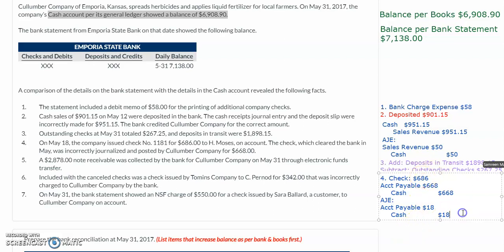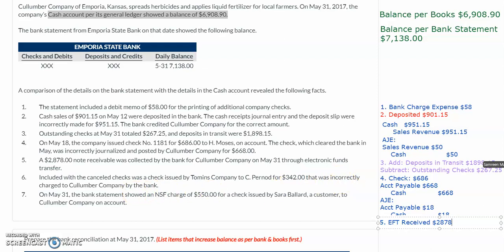Then in number 5, we have a notes receivable collected by the bank. So we need to go ahead and record our electronic funds transfer received. So that will be an increase to cash, and we're going to decrease our accounts receivable. And then for number 6, this is included in the canceled checks, was a check issued by Thomas Company to C. Pernod for $342 that was incorrectly charged to Cullenberg Company.